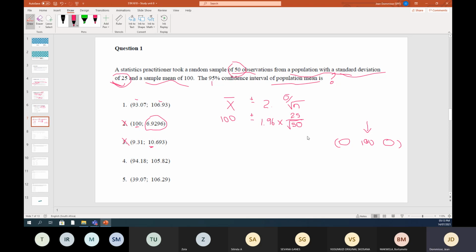I get 7.07. That is nearly 25, no, that can't be, because it will be 25 divided by 7.